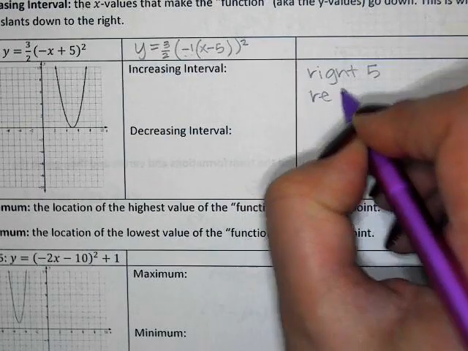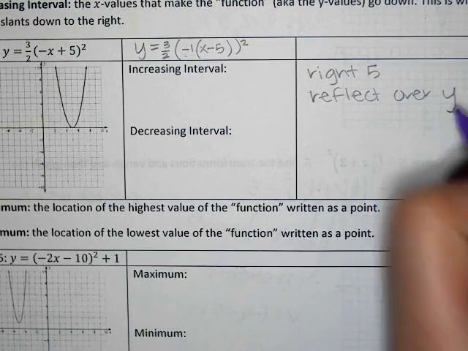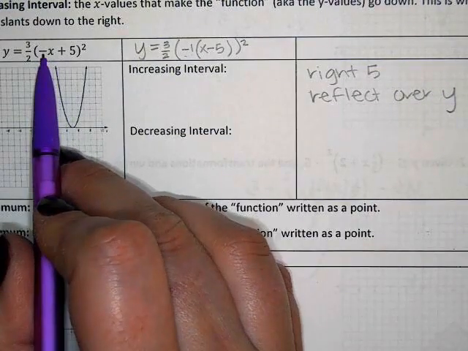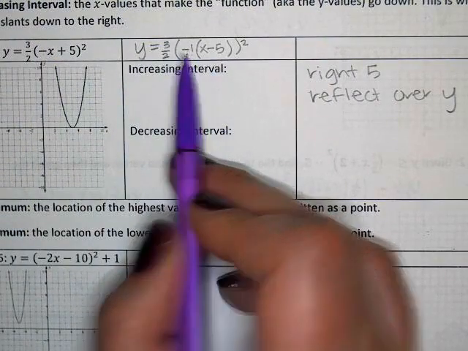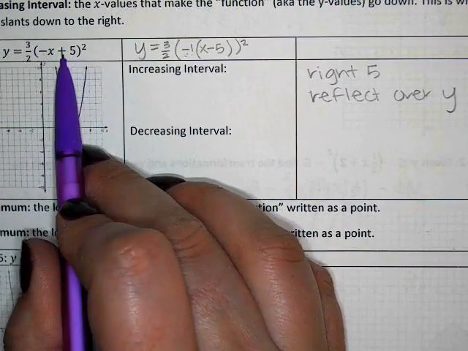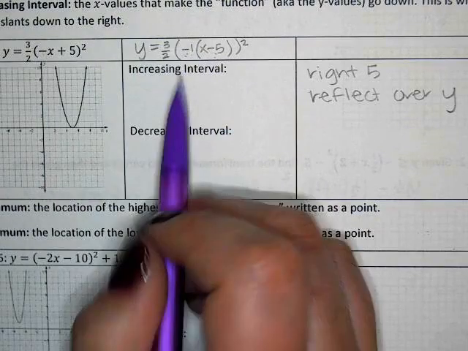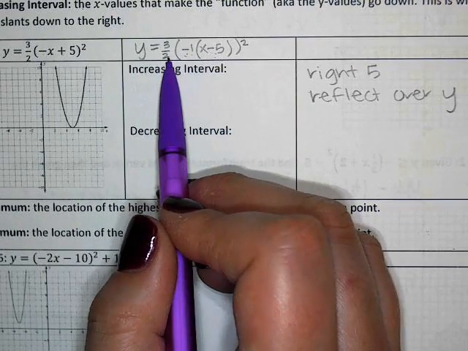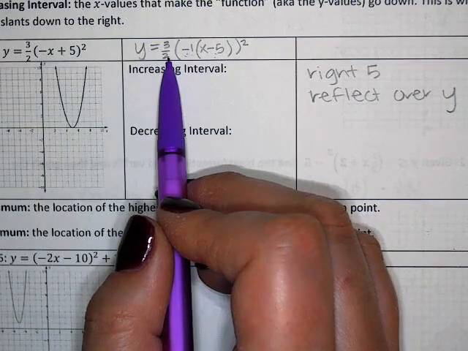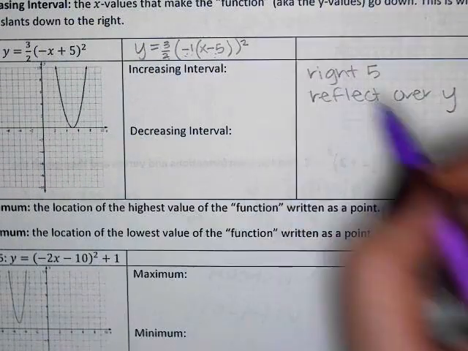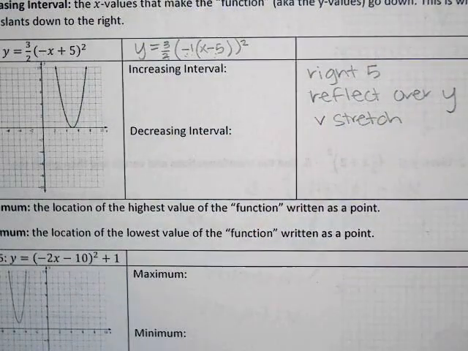Because we had a negative and we pulled it out, and that took the positive and made it a negative. Change the sign. What does the 3/2 mean? It's in the very front. Vertical stretch. Okay. So it's been shifted to the right 5, it's been reflected over y, and it has a vertical stretch. What's the vertex?